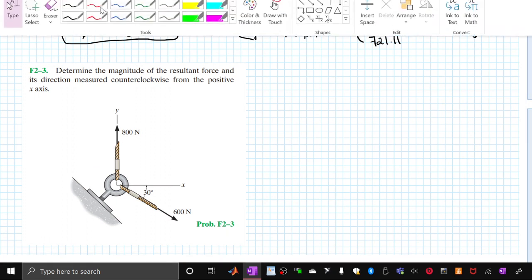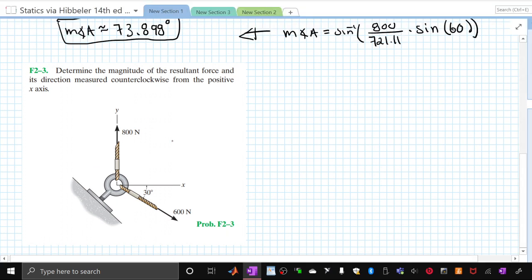We're adding these two forces, this vector that is going upwards and this other vector that is going downwards at an angle of 30 degrees from the positive x-axis, and we came up with it having to be around this angle according to the parallelogram law.